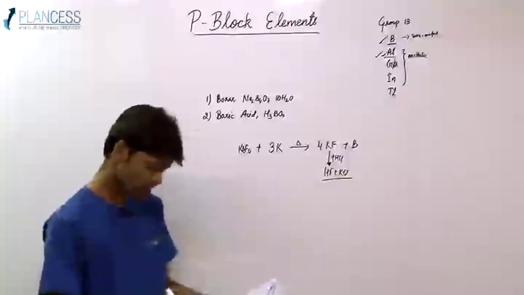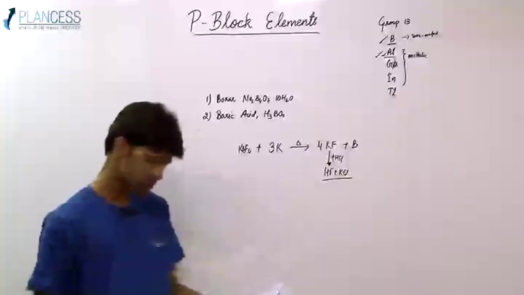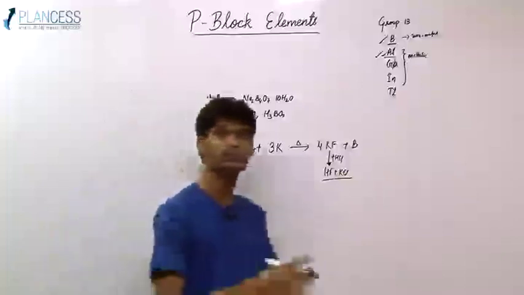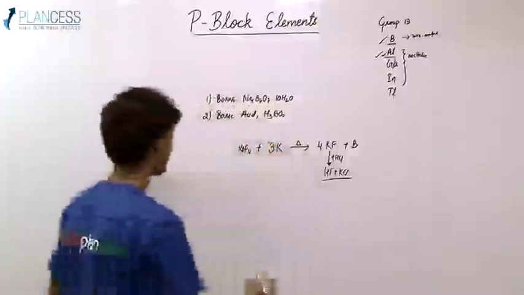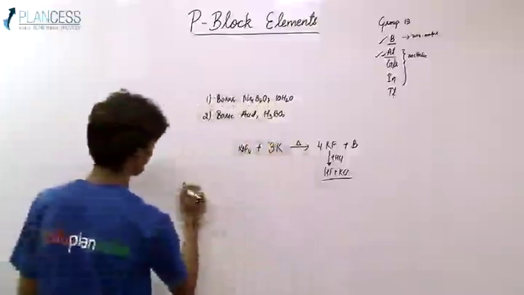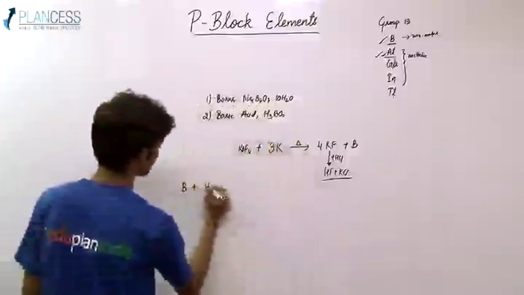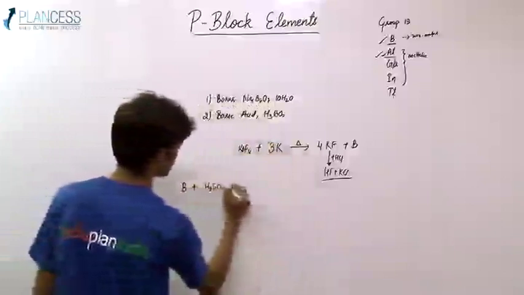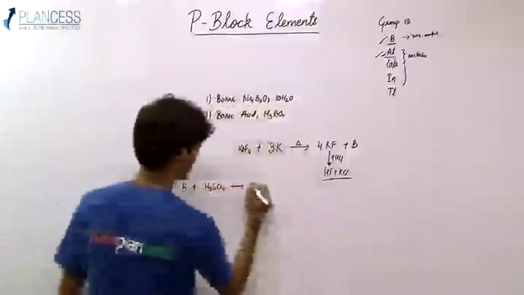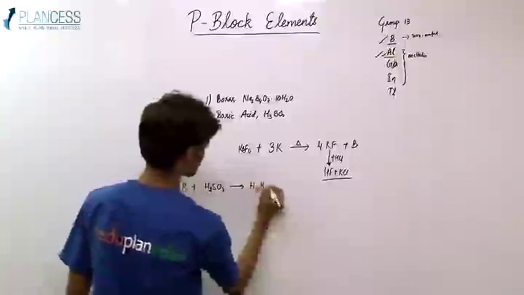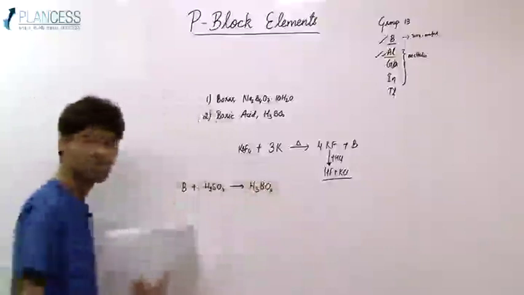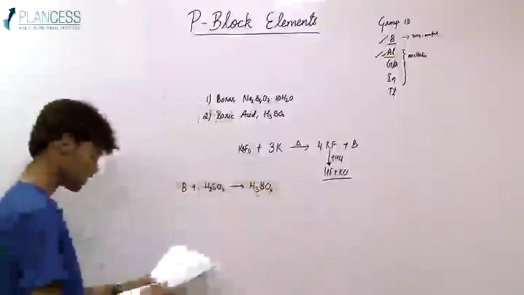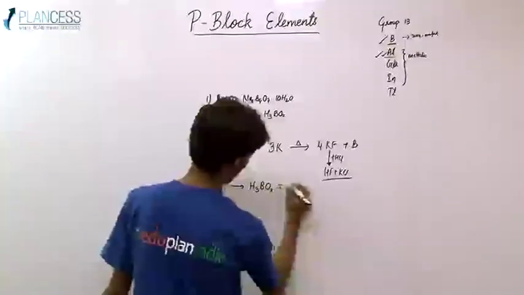As far as the reaction with alkalis and acids is concerned, it reacts with both acids and alkalis and forms the corresponding acid. For example, boron reacts with H2SO4 and forms boric acid, H3BO3. It is a redox reaction, because boron from 0 oxidation state has been oxidized to +3 oxidation state, and subsequently SO2 is released.